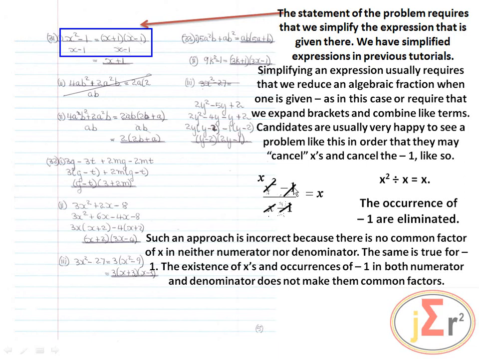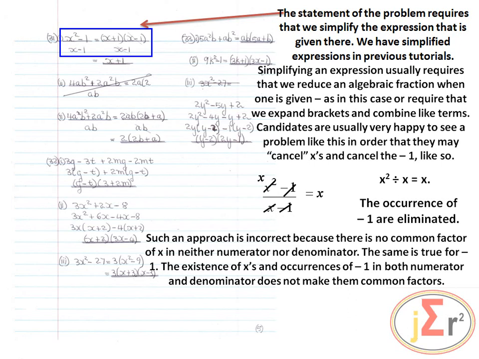And neither can we take a common factor of x in the numerator because x is not common to the numerator. What we mean when we say it is not common is that x is not present in both terms. And here also x is not present in both terms. So we cannot cancel or reduce by a factor of x because it is not common to both numerator and denominator.